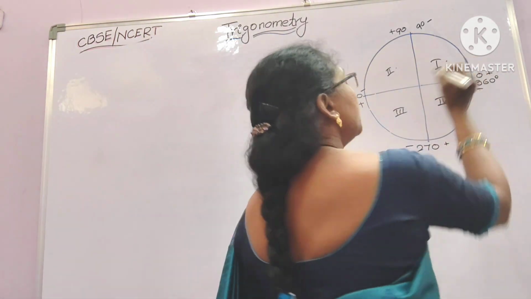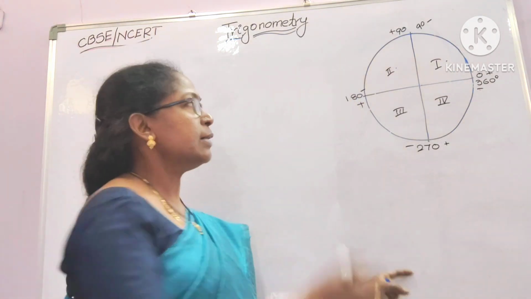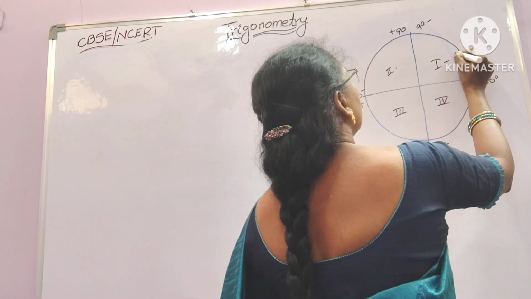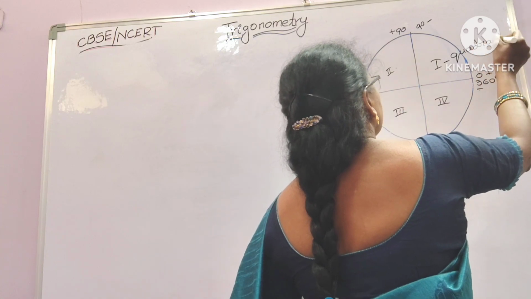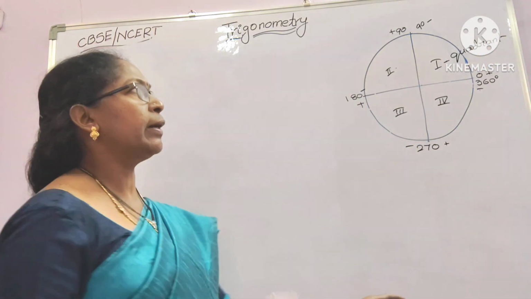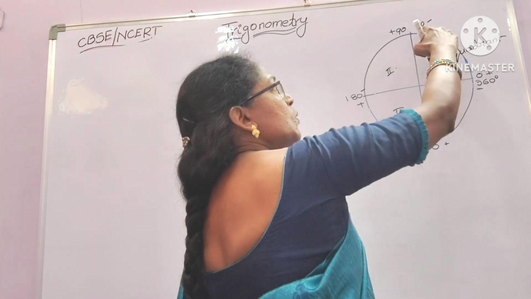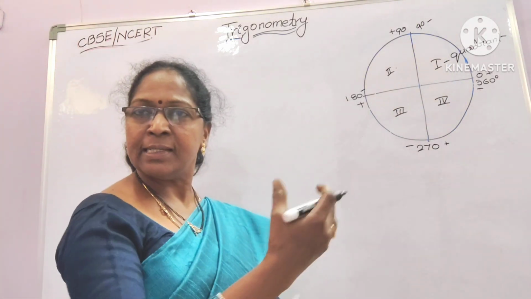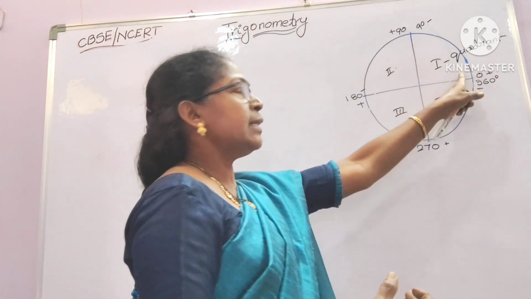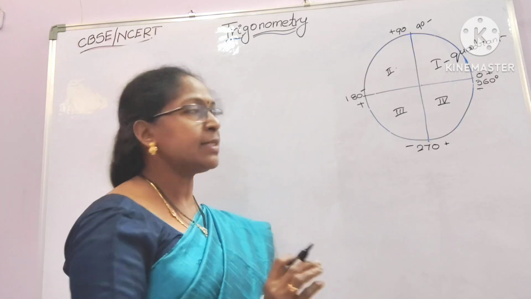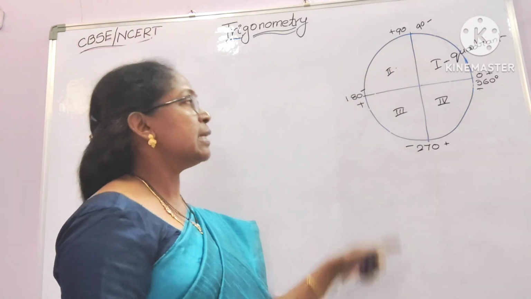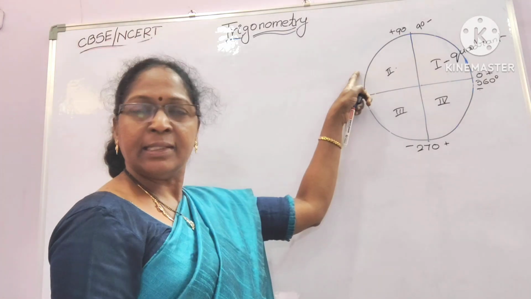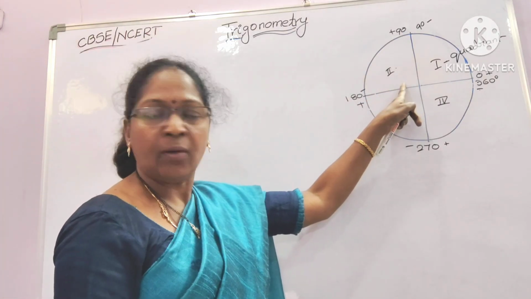So first you should divide the circle into four parts. Each part you have to represent: first quadrant, second quadrant, third quadrant and fourth quadrant. 0 degrees to 90 minus, that means less than 90 degrees, belongs to the first quadrant. Again 90 plus, that means more than 90 degrees and less than 180 degrees, we call the second quadrant.